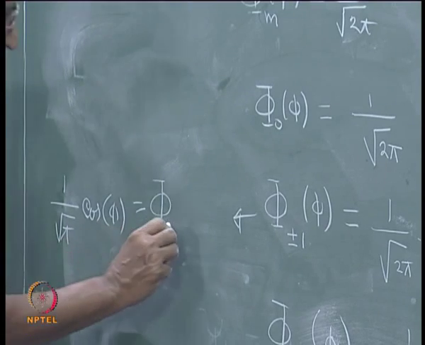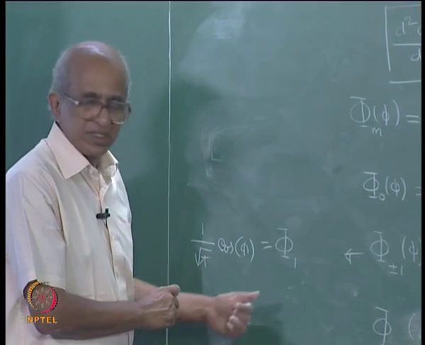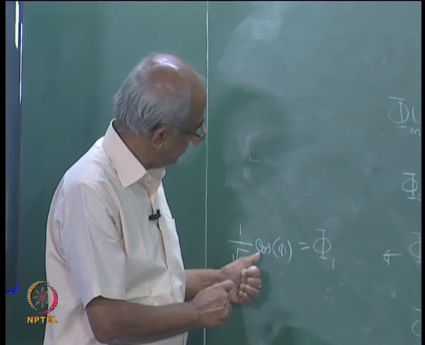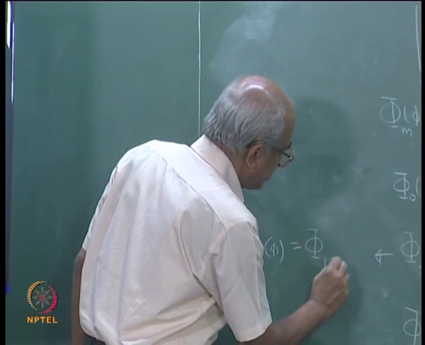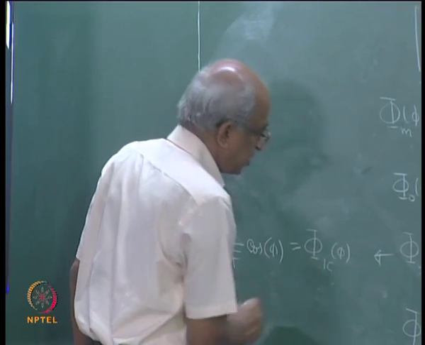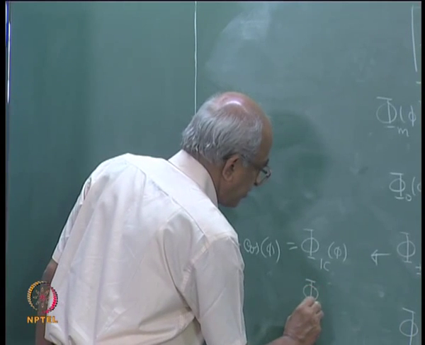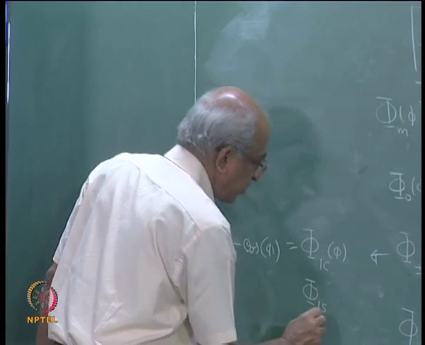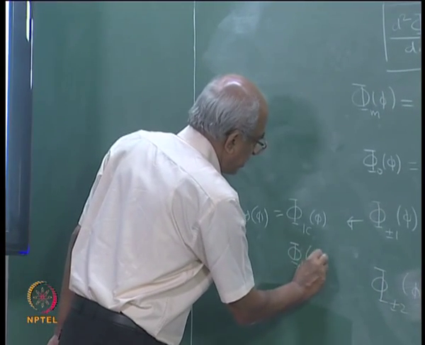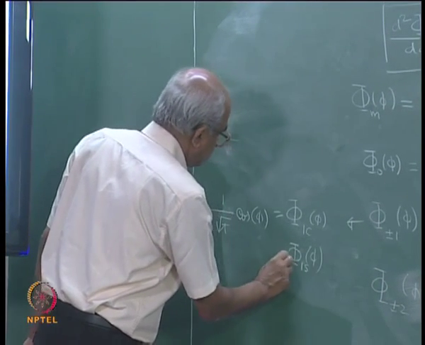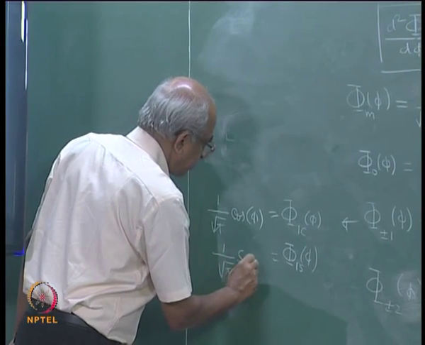So, I will have 1 as a subscript, and I have chosen a cosine function, so I will put a subscript c and say that this is one possible solution. What is the other possible solution? I will have phi 1 s. Why do I put s there? Because I am choosing the sine. So, phi 1 s of phi will be equal to 1 by square root of pi into sin phi.